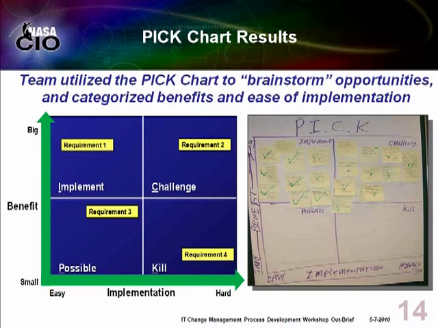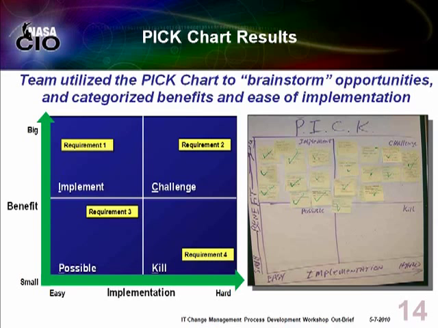Now, we looked at the significance of the benefit as well as the ease of the implementation or complexity of the implementation. And what we decided was, if it's a small benefit versus a big benefit, or if it's easy or hard to do, how do these ideas that we think could resolve some of the issues fit?